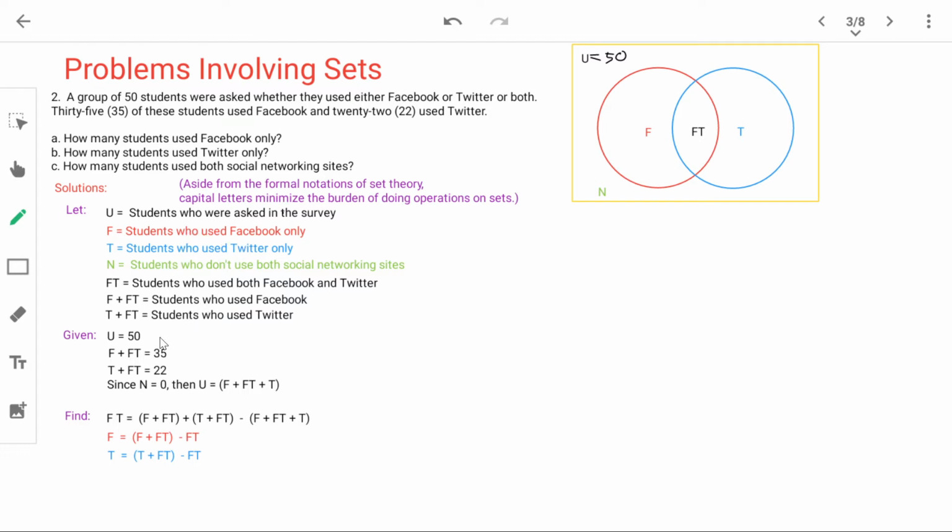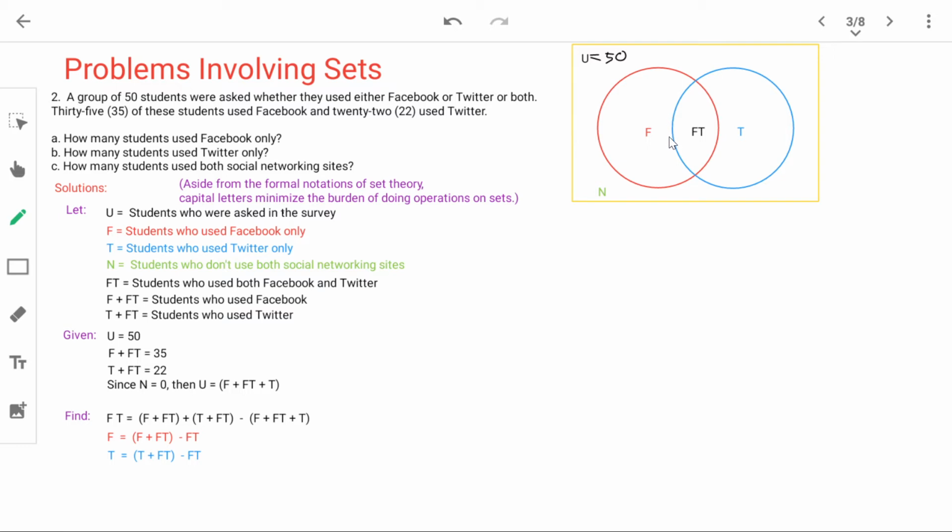Then the F plus FT represents the students who use Facebook. That is enclosed in this red circle. This is a given number, which means that there are 35 students who use Facebook, but that doesn't mean only Facebook.